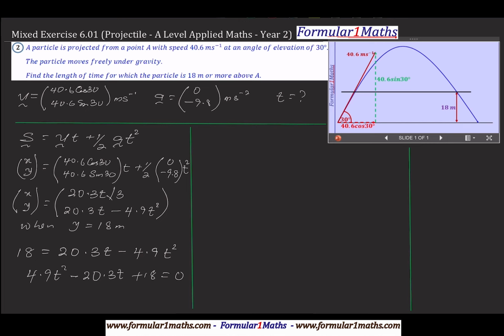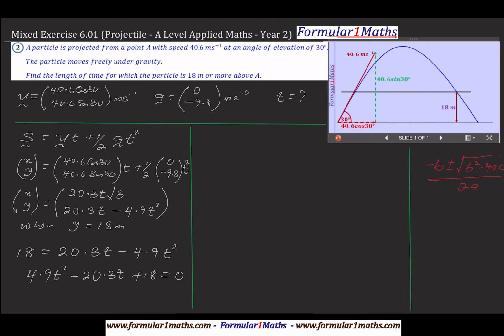Now we have a quadratic equation in t. This is where you can use your Casio calculator to solve for the values of t. And if you do not have the Casio calculator, you can use the quadratic formula, which is given by minus b plus or minus square root of b squared minus 4ac, over 2a.